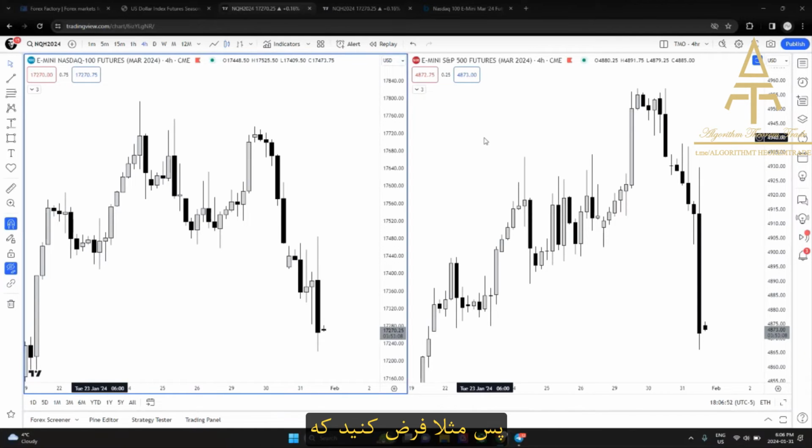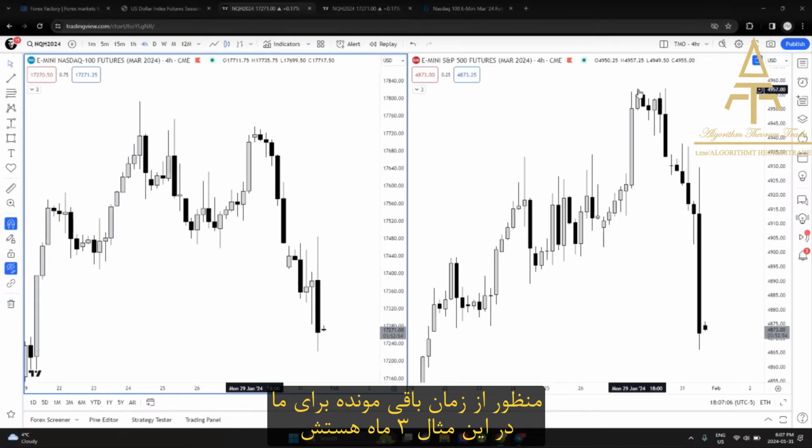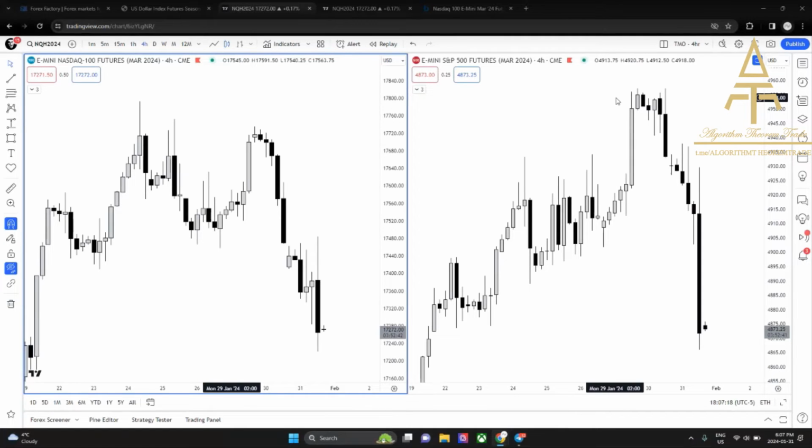Price should be trending lower for the remainder of the trending time that we have now, which is around 3 months. So price should be going down for like 3 to 4 months after this week, going into next month.